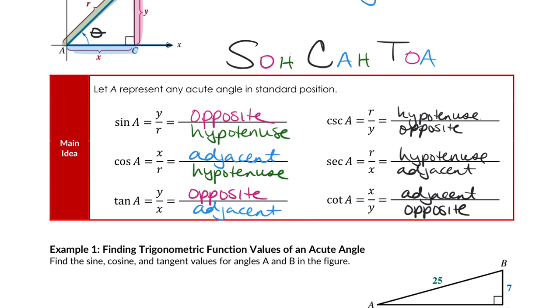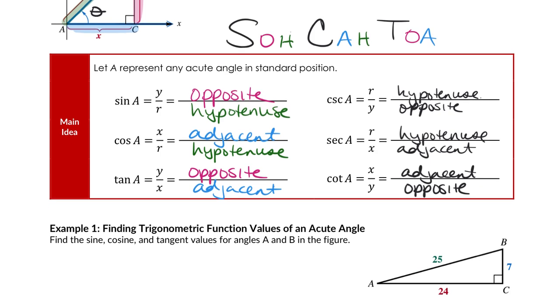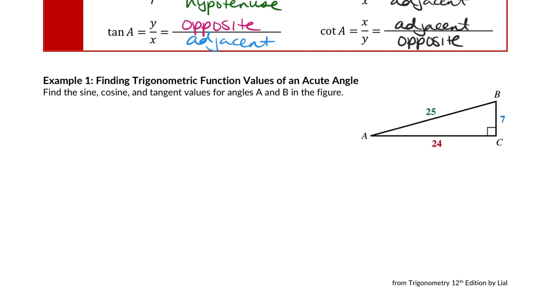We ready to see what this looks like? Cool. In that we are now using triangles, we aren't necessarily using an angle in standard position. So it is very important you make sure you know which angle we are talking about. This question in particular wants you to find the sine, cosine, and tangent for angles A and B. So I'm not going to use color coding here because we're switching angles.